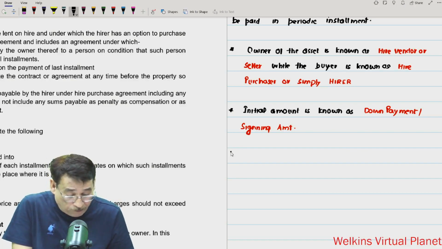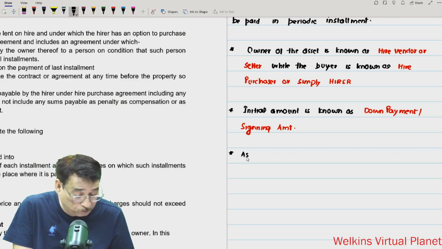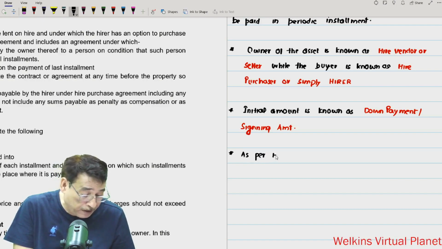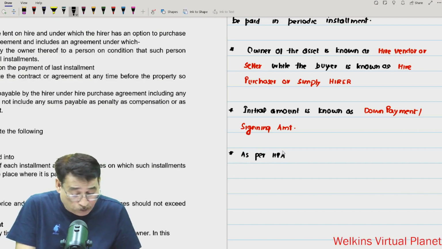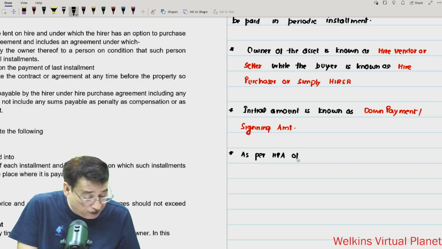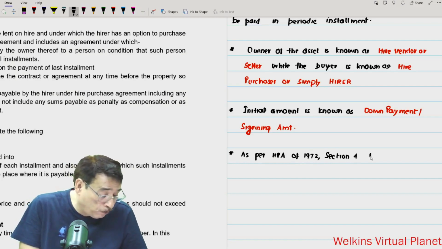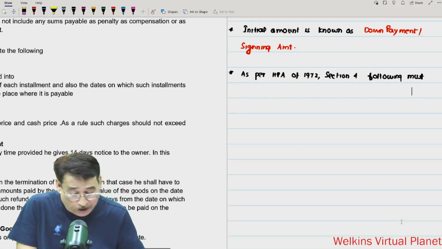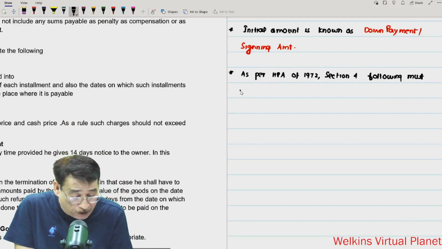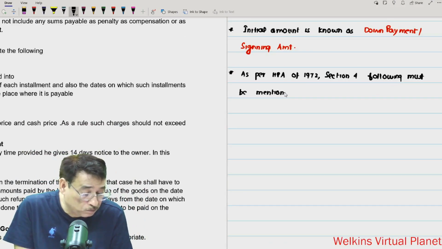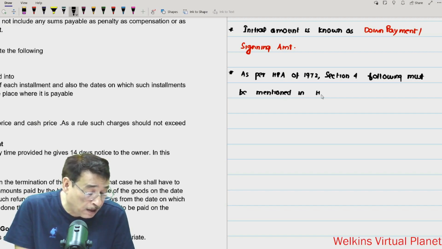As per the Hire Purchase Act of 1972, Section 4, there is no need to learn sections in accounts, the following information must be clearly mentioned in the hire purchase agreement.